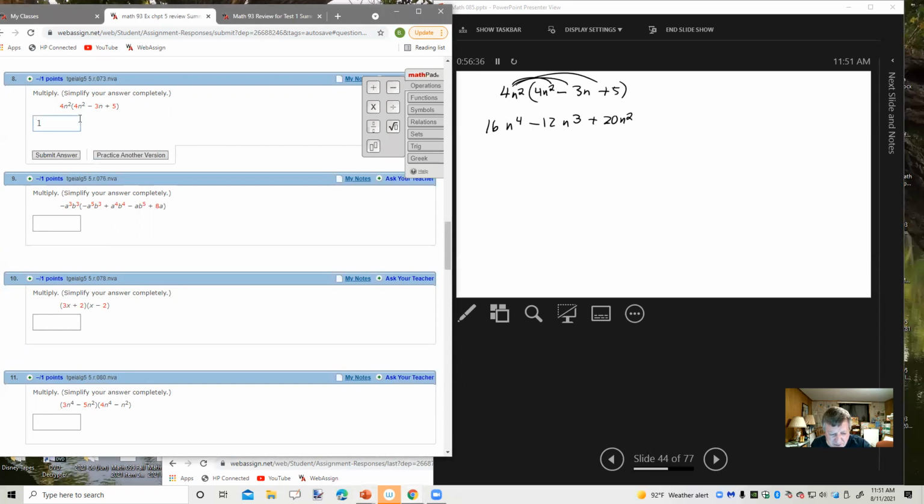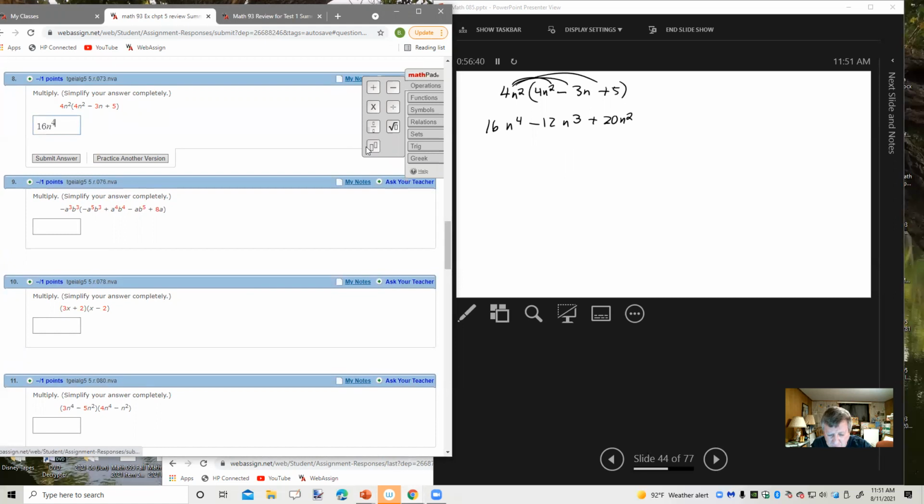So we got 16 n to the 4th power minus 12 n cubed plus 20 n squared. 16 n to the 4th minus 12 n cubed plus 20 n squared.